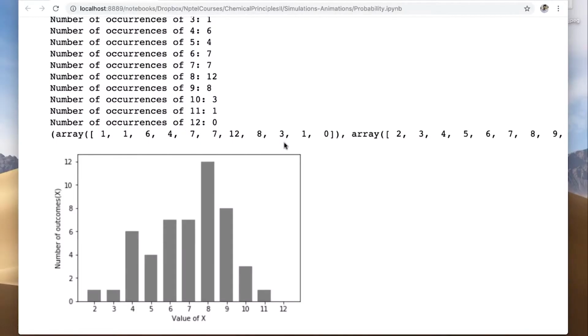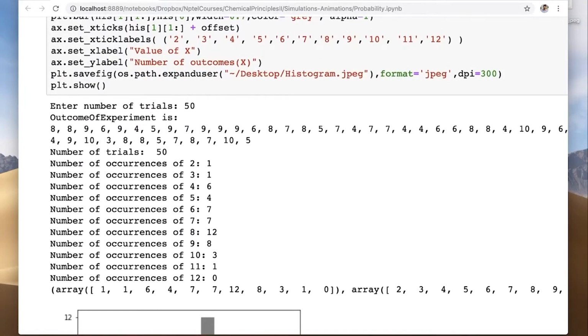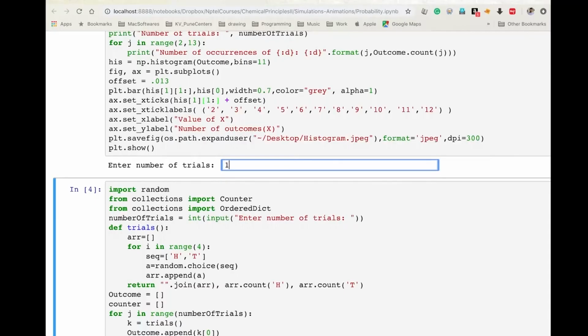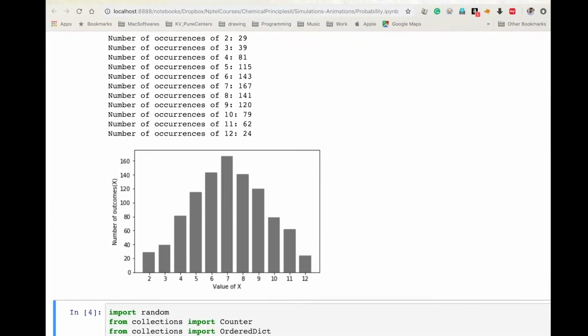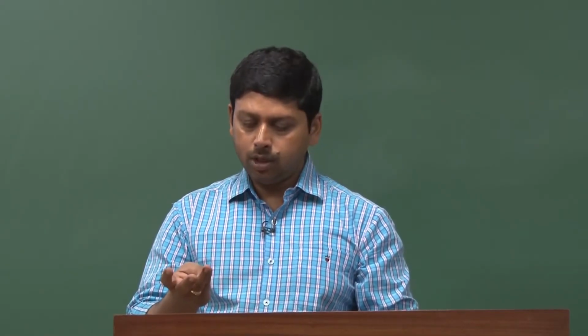Let us now do much more than that. Shall I do 1000 times? Okay, do 1000 times. It is beginning to look like that. There are how many outcomes? 2, 3, 4, 5, 6, 7, 8, 9, 10, 11, 12, yes, there are 11 outcomes.